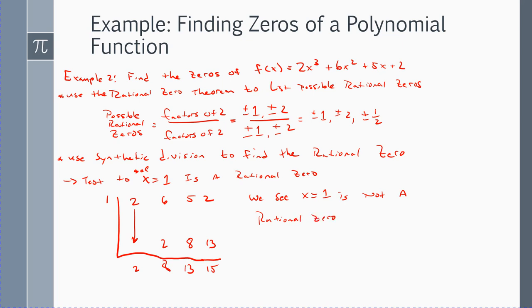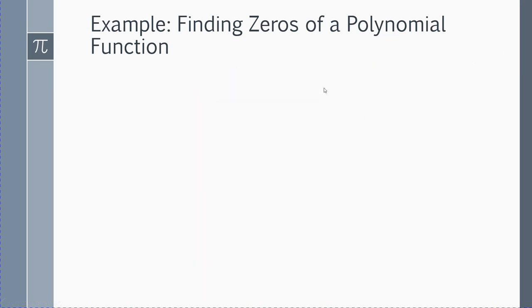So you could go through this all again, but let me just show you what the next one will be. I've got a lot of pluses in here, so it's probably going to be a negative number, one of the rational zeros. So let me try -2.